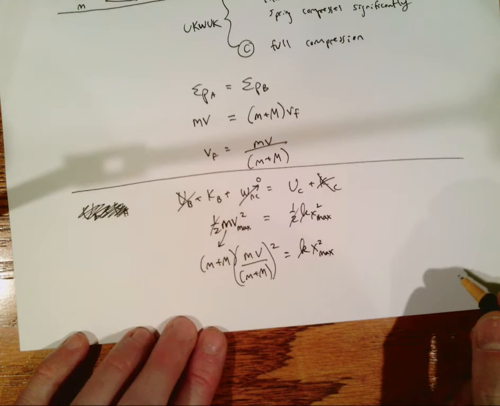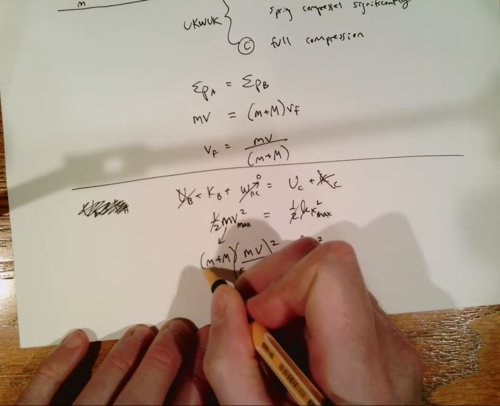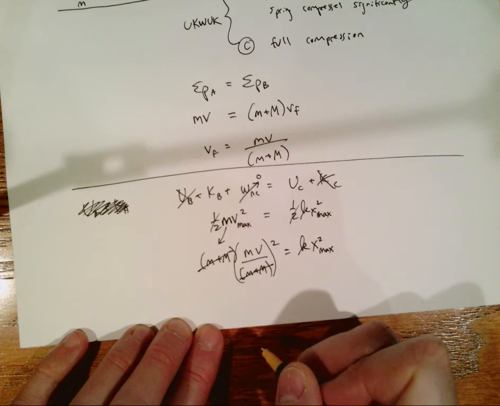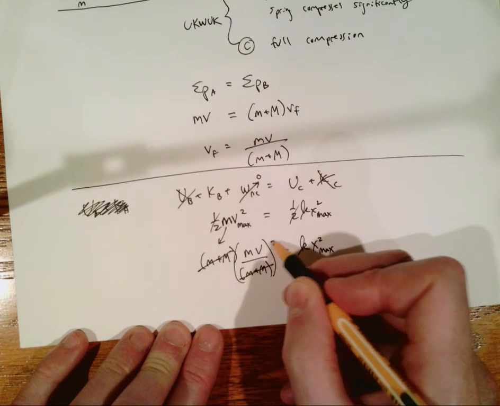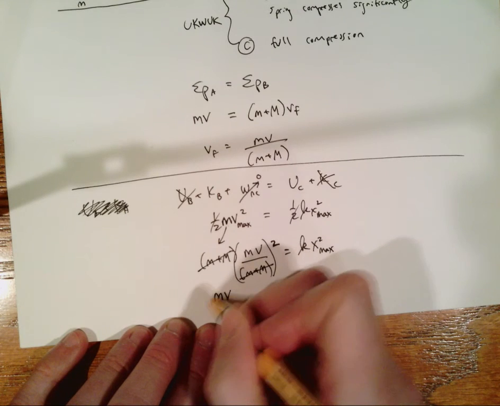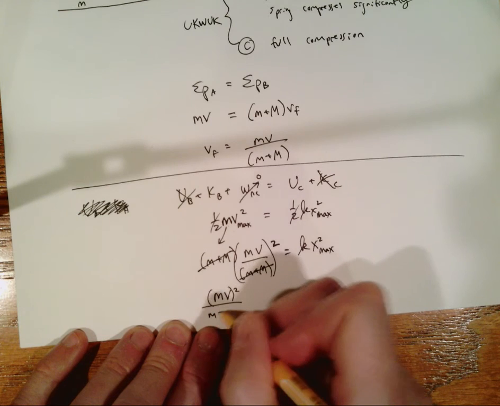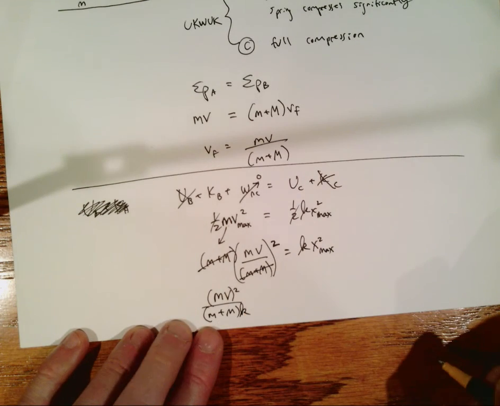And so the rest of this is really just algebra, but let me give it a quick whirl. So m plus M is going to cancel out one of the m plus M's here because of the square. So let's see what that looks like now. So we're going to have mv quantity squared divided by m plus M, and the k comes over to the other side on the bottom as well.